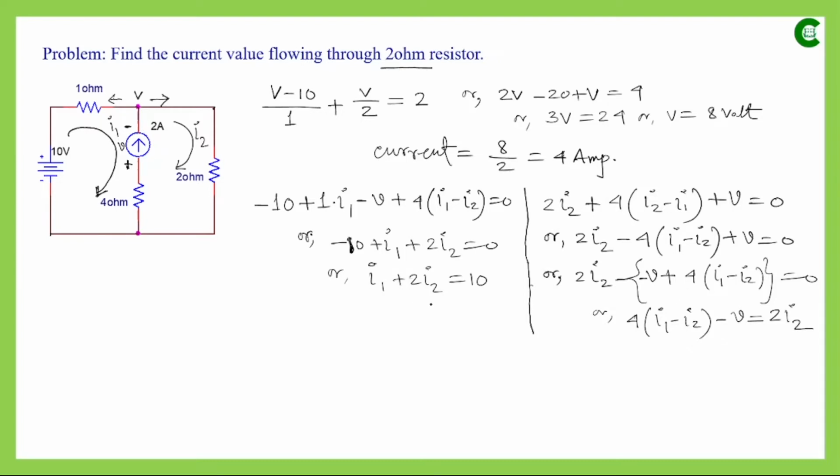Now the same equation we can obtain from the concept of supermesh. Here, as you can see, we have a current source between two meshes. So in an electrical circuit, wherever we have a current source between two meshes, there we apply the concept of supermesh. What we do is we simply discard that current source and form a bigger mesh. So it will look like this when we assume that the current source is not there.